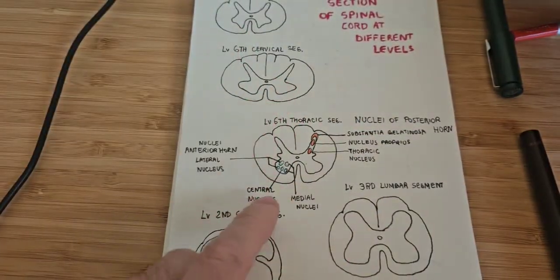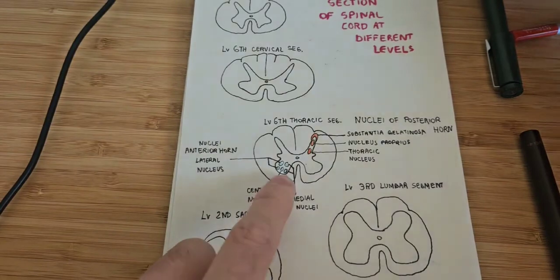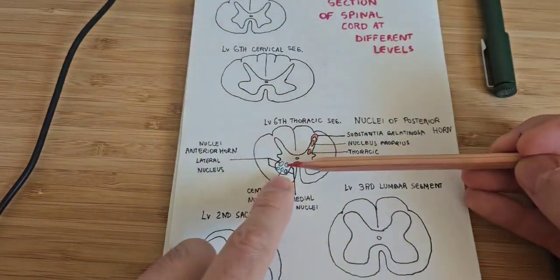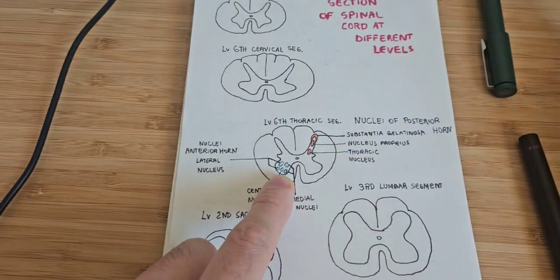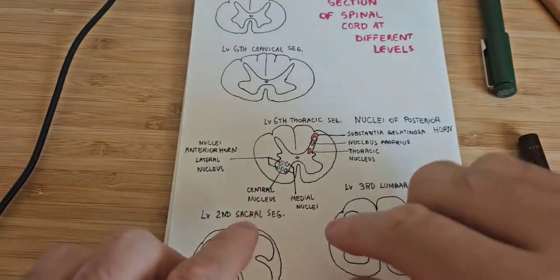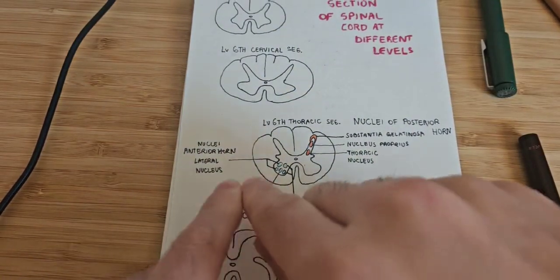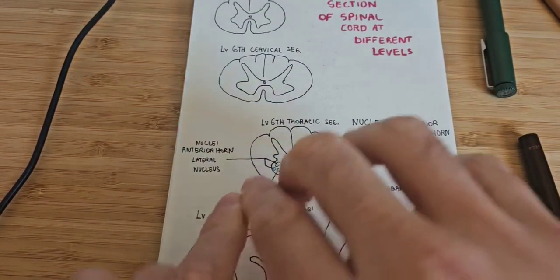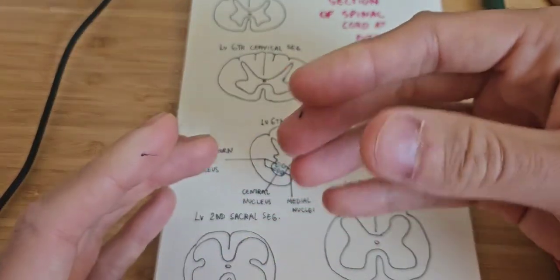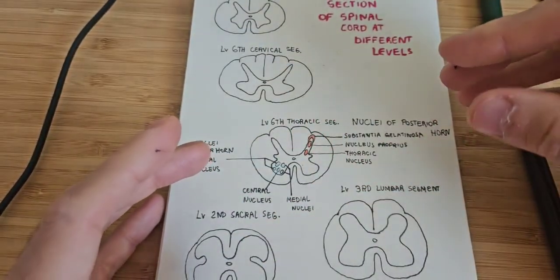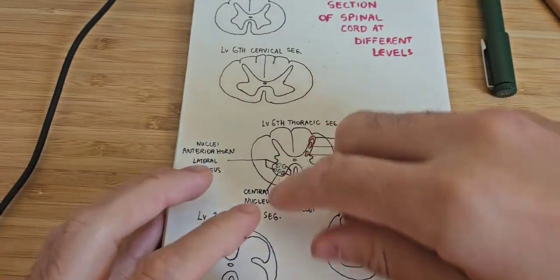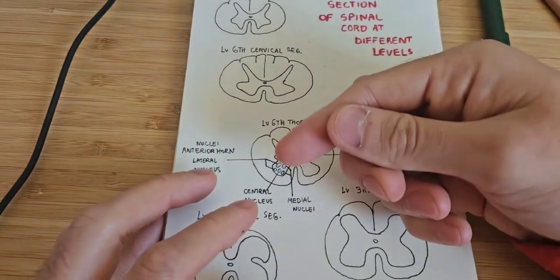The central nucleus, this one here, is related with the cervical region of the spinal cord, and this nucleus specifically gives rise to the phrenic nerve.